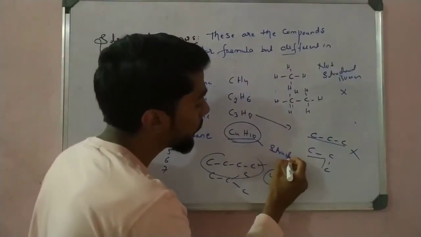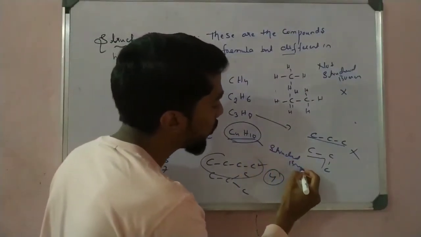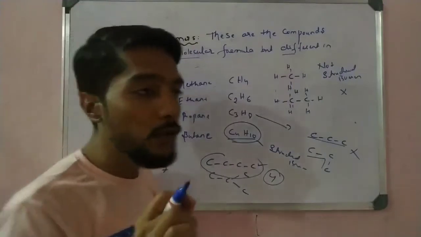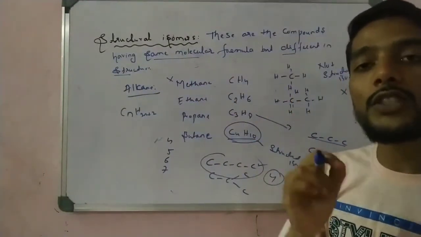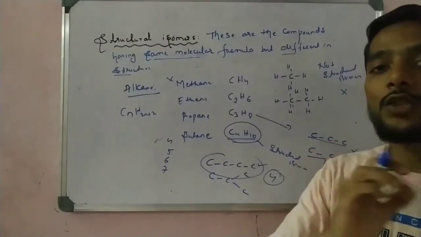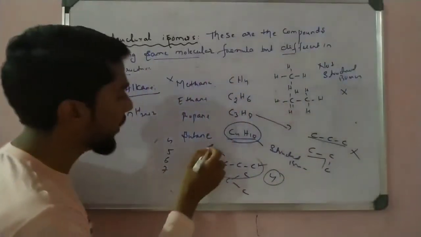structural isomers. That is very important. You have to remember. If in the examination they ask, name the first member of the alkane family which forms structural isomers, the answer is what? Butane.